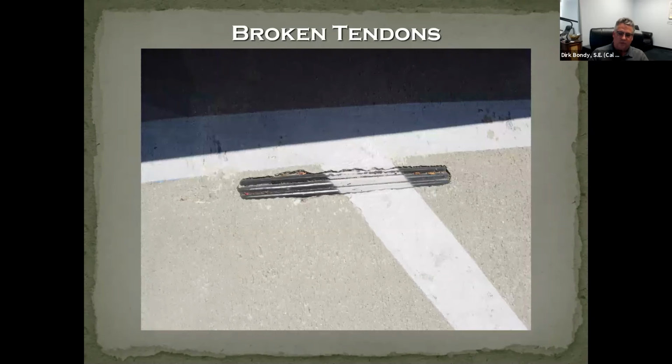I found this picture to be somewhat funny. We were called out, and it's interesting how owners and property managers think that as soon as they see something, it must have just happened. And they tried to tell us that these tendons just came out of the concrete within the last week or so. And I asked them when they last painted the stalls, and they said that was a few years ago.